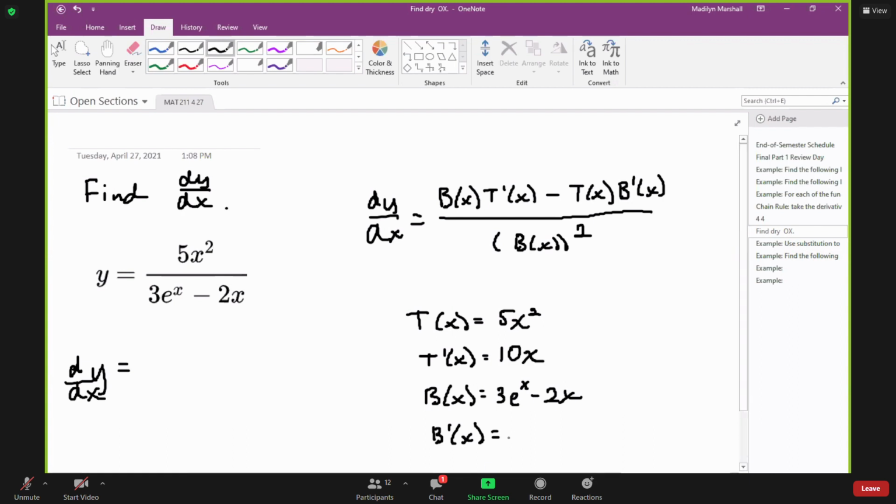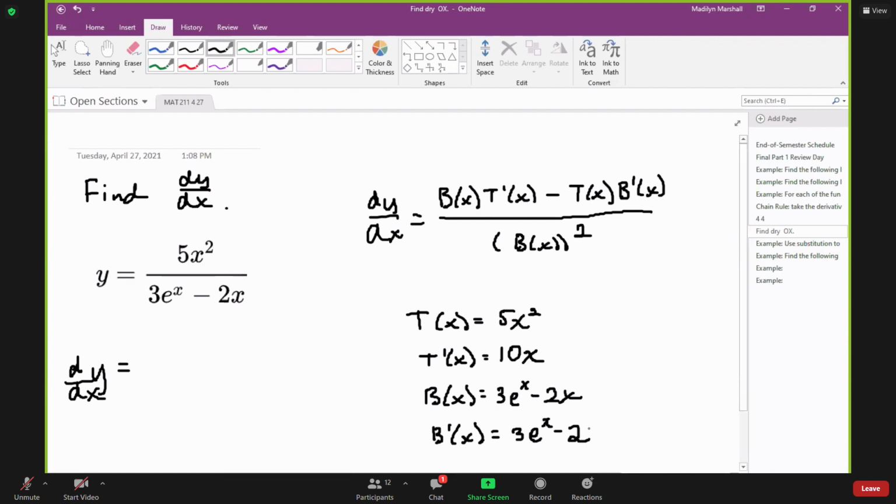What's the derivative of the bottom? 3e to the x minus 2. So that 3e to the x doesn't change. It's its own derivative, and then the minus 2 is left from the x.